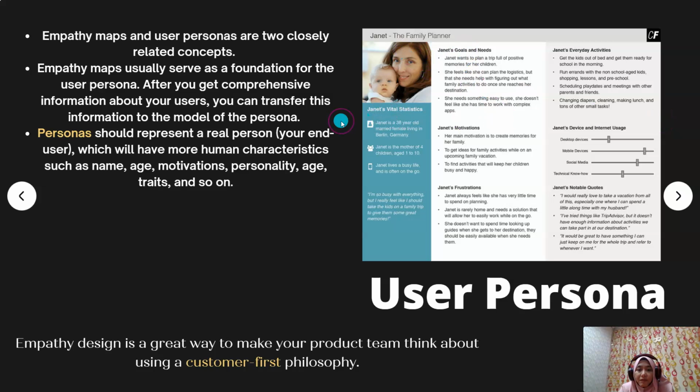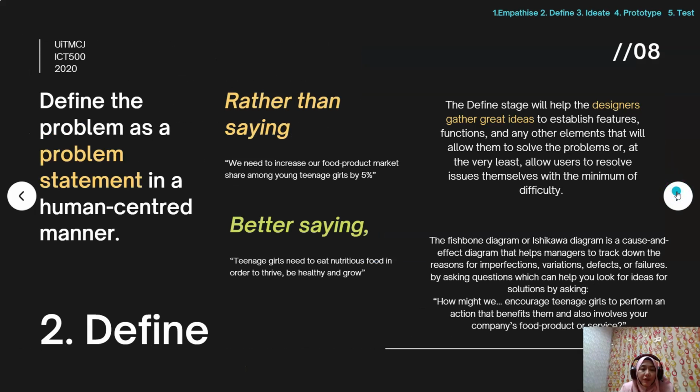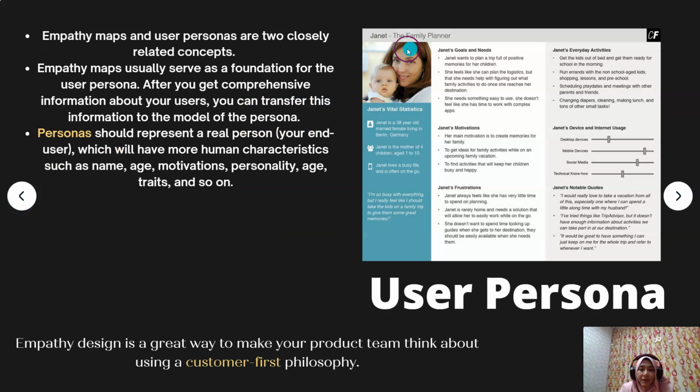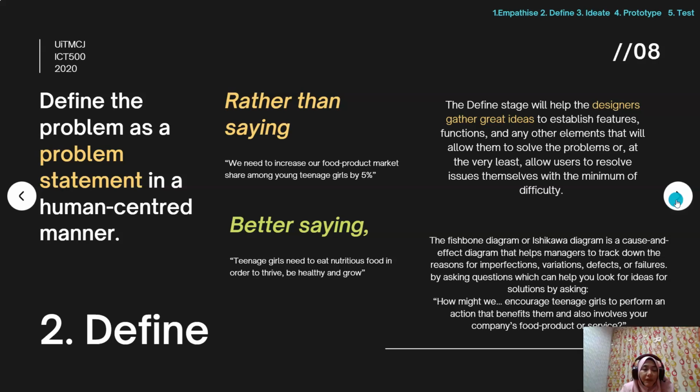These are the statistics about Janet: age, status, and then very detailed activities, motivations, frustrations, and so on. This is for a family planner application, and she is one of the end users of that application.